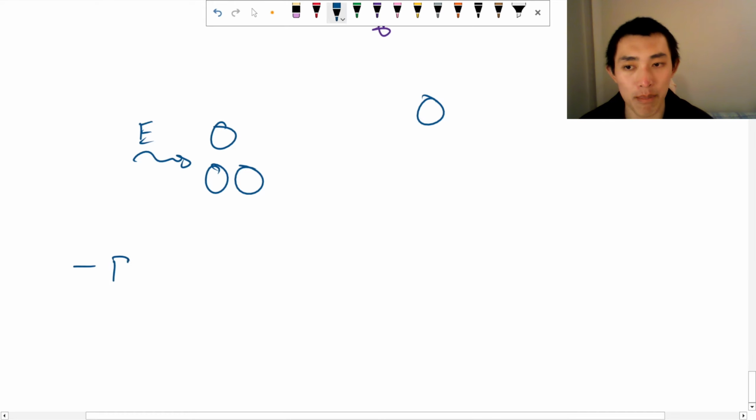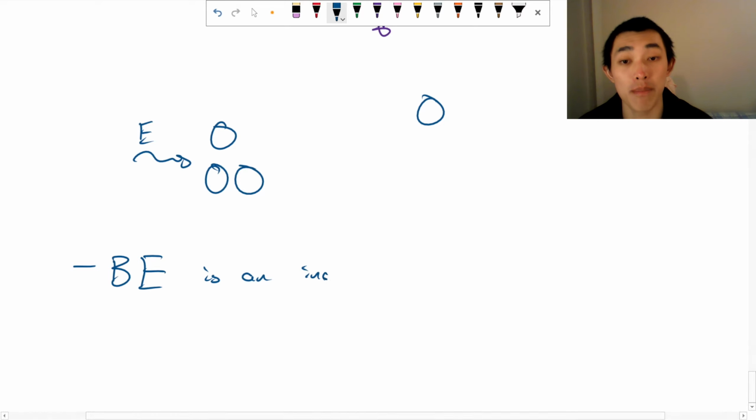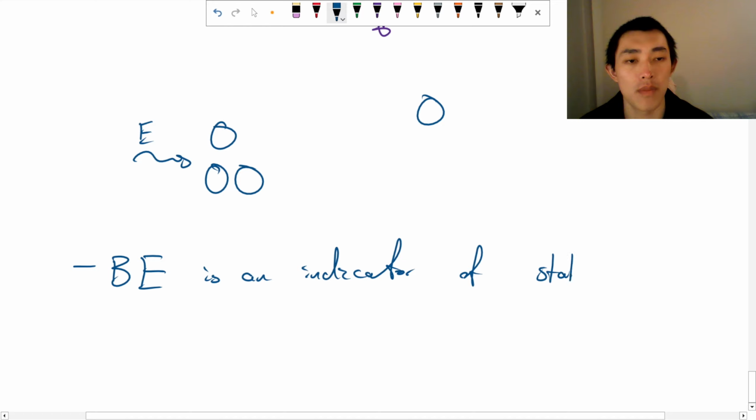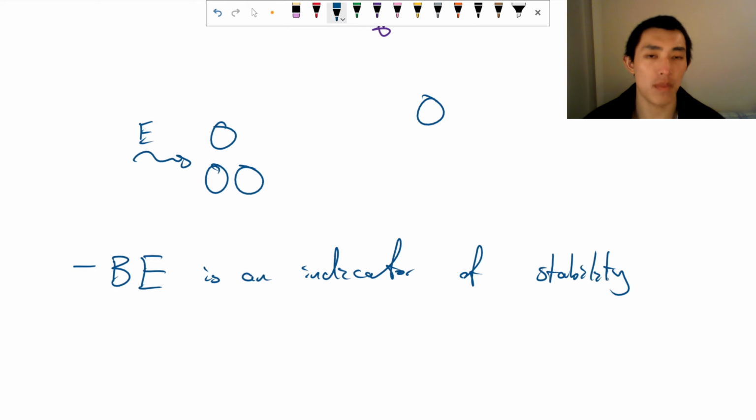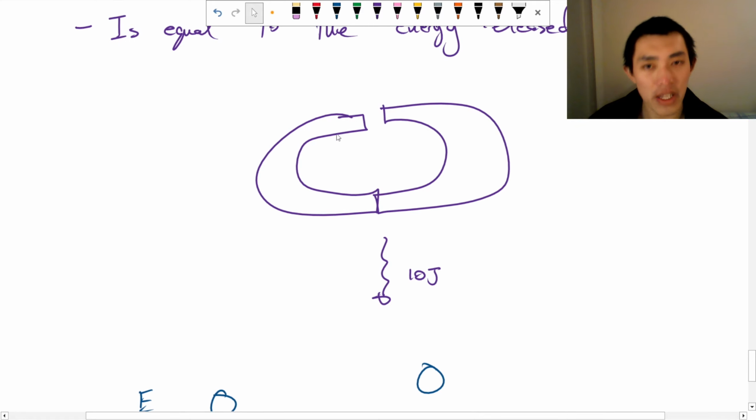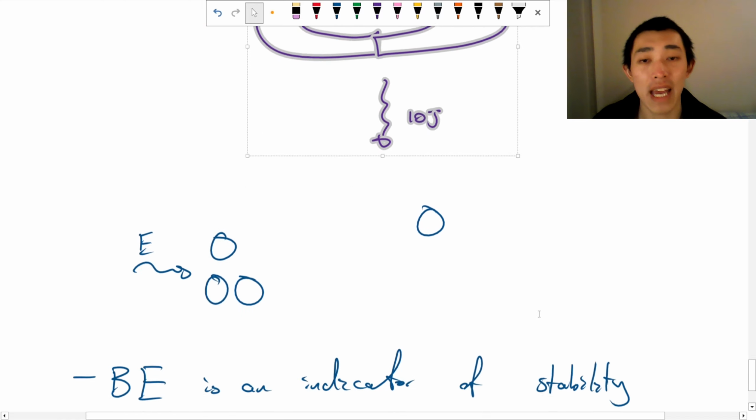What else is interesting is that binding energy, BE, is an indicator of stability. As in, something that has more binding energy is a more stable atom. Why is that? Well, imagine this. Let's get back to our magnet analogy.